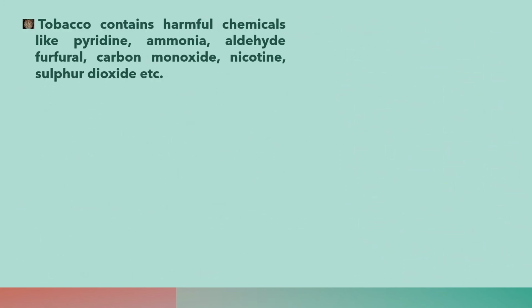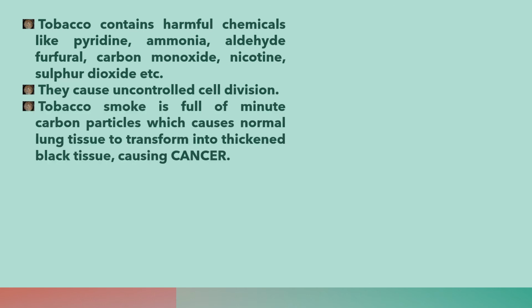Now, tobacco contains very harmful chemicals, like pyridine, ammonia, aldehyde, furfural, carbon monoxide, nicotine, sulfur dioxide, etc. Now, these chemicals cause uncontrolled cell division. Suddenly, the cell begins to divide more and more, causing cancer.